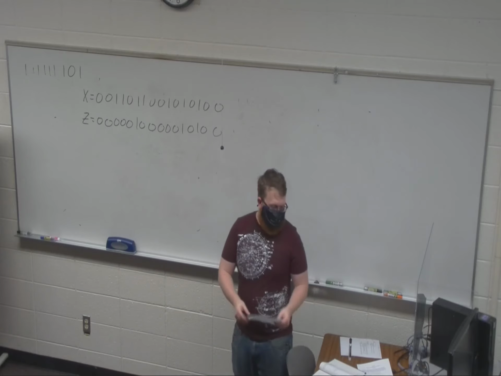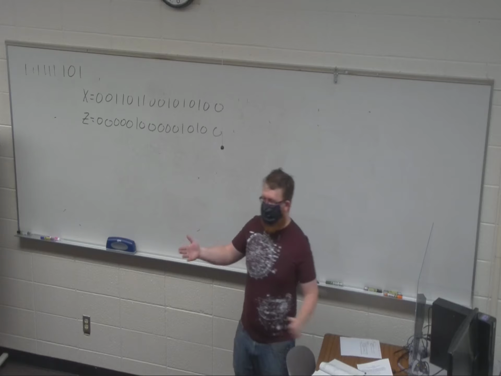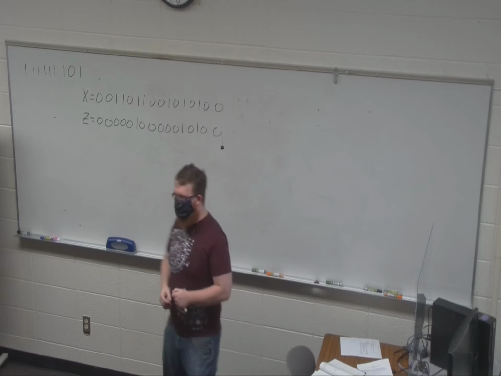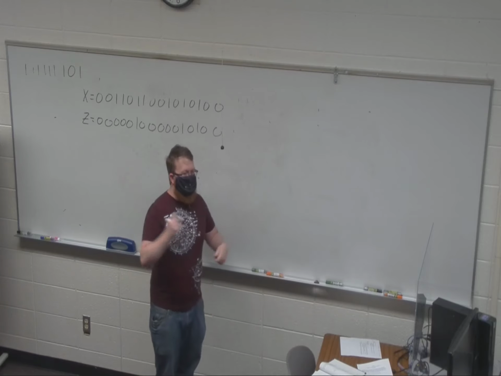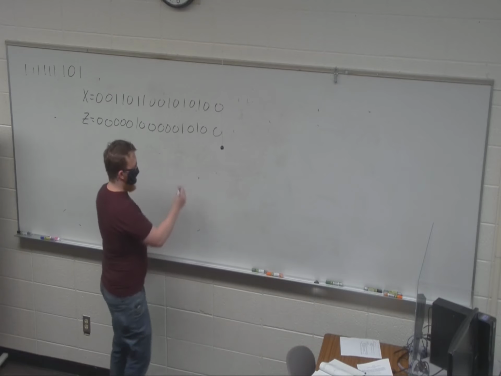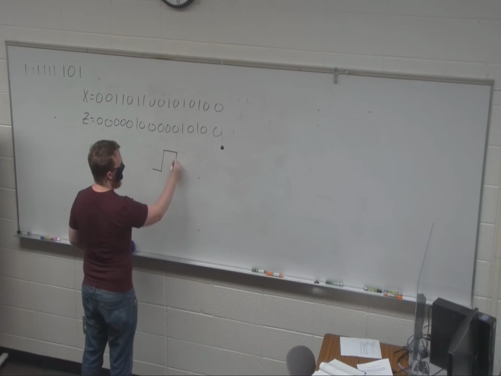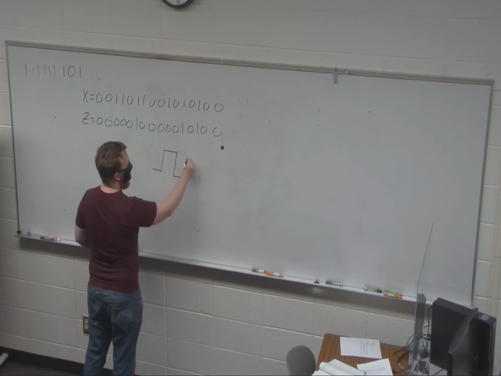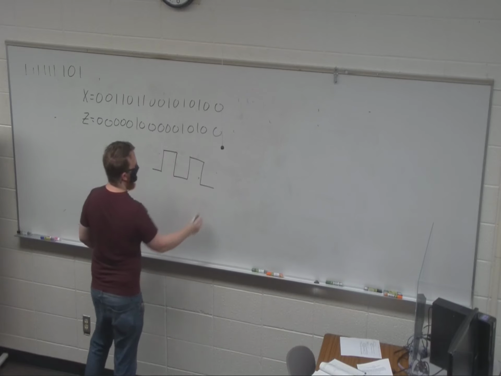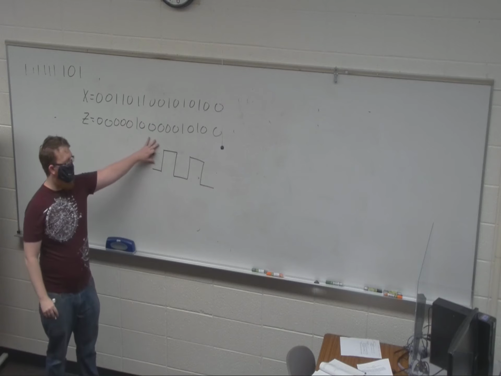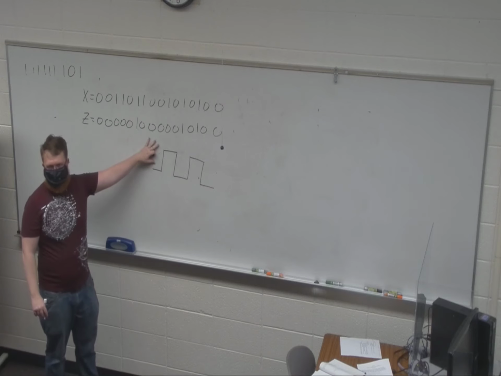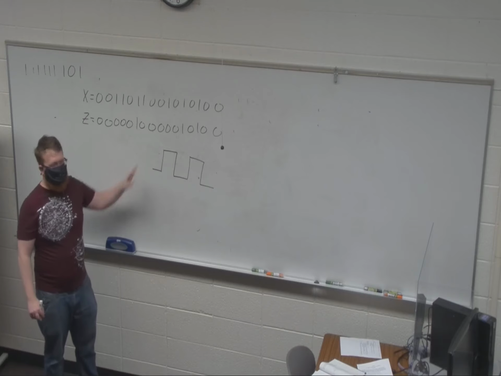So another confounding factor, and part of this propagation delay issue, is that your clock edges are not perfect. So if I have a clock, I want it to look like this, right? But there's two major confounding issues in this in a real system.